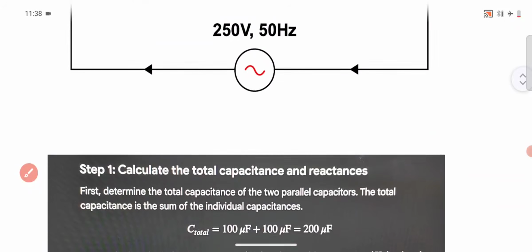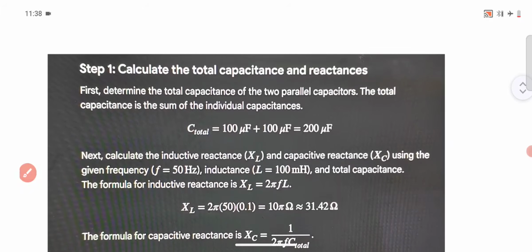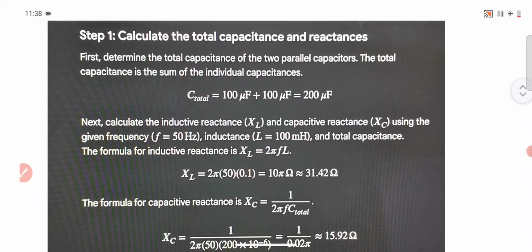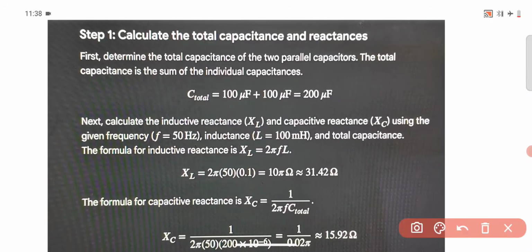Now coming to the question. First question. Now we will calculate total capacitance and reactance. So total capacitance, I already told you, because it is connected in parallel, the total capacitance becomes 200.